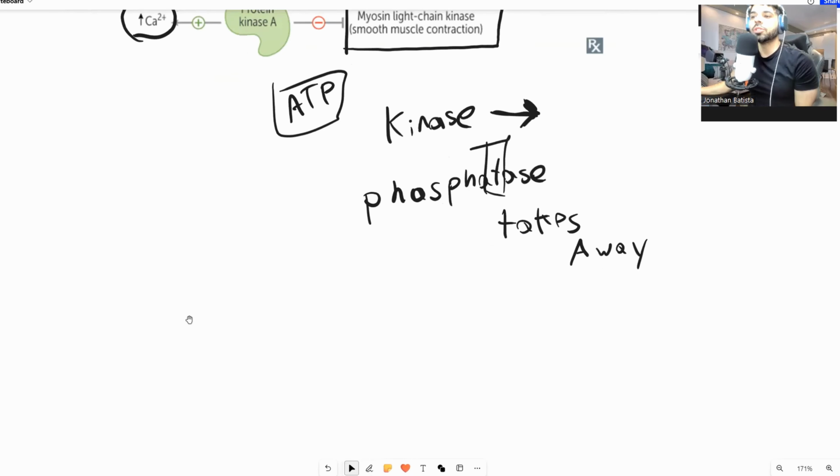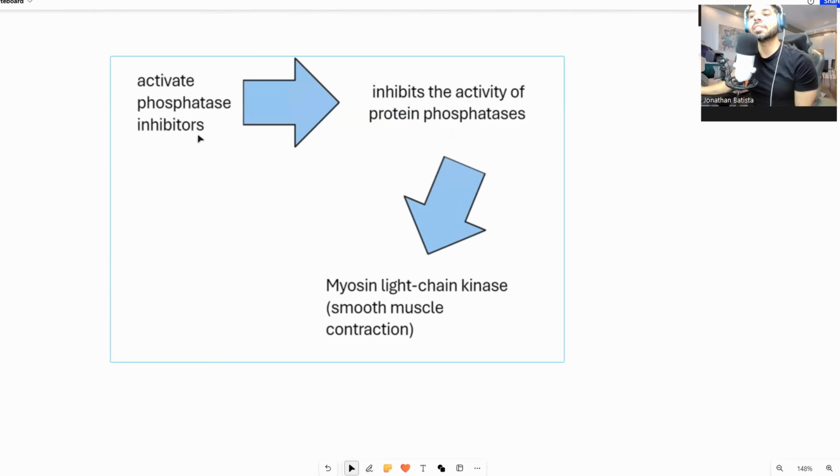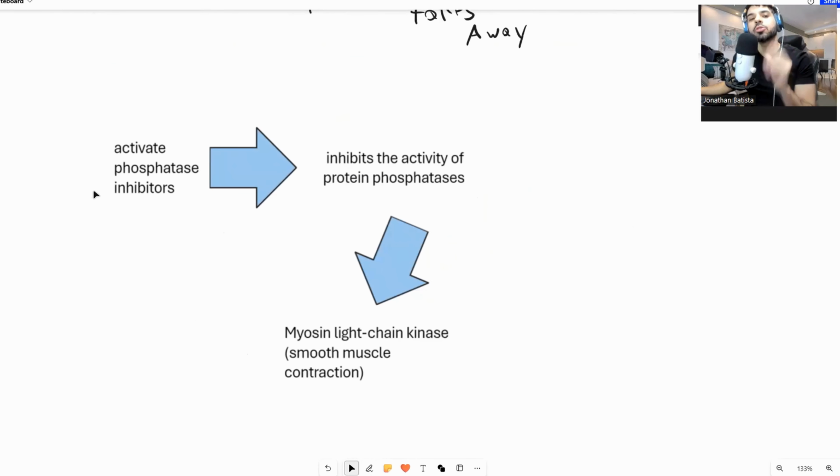In the sense here, when you activate protein kinase A, you start to activate phosphatase inhibitors inside that myocardial cell. Basically, phosphatase, I told you, takes away phosphate, and I'm activating an inhibitor. That's basically inhibiting an inhibitor, and that will give you stimulus because you basically inhibit the activity of protein phosphatase.